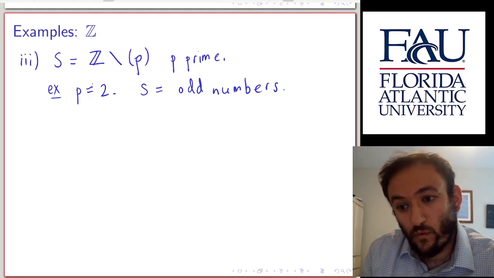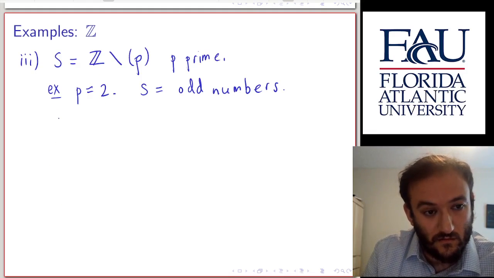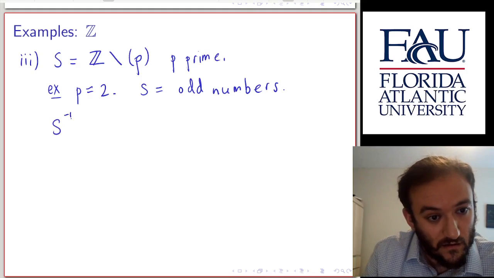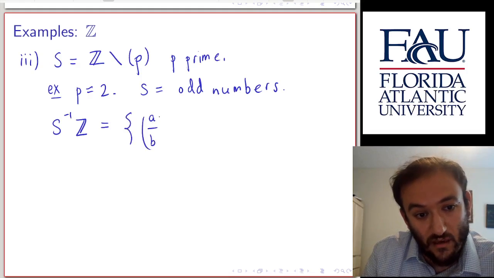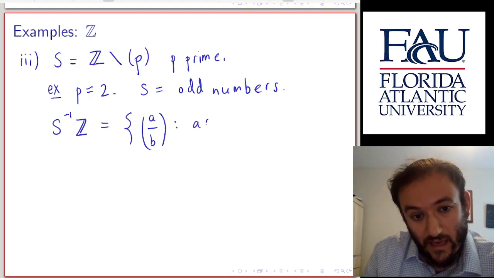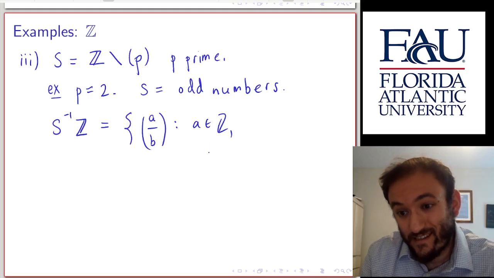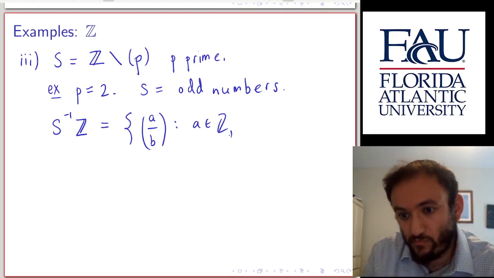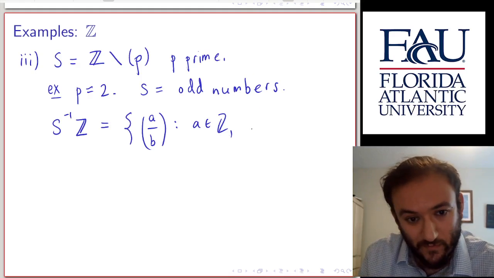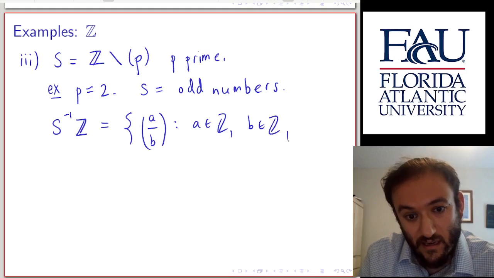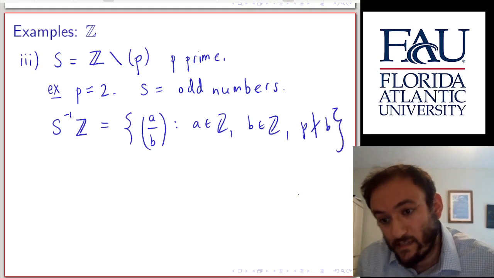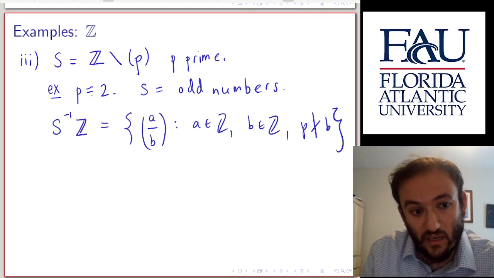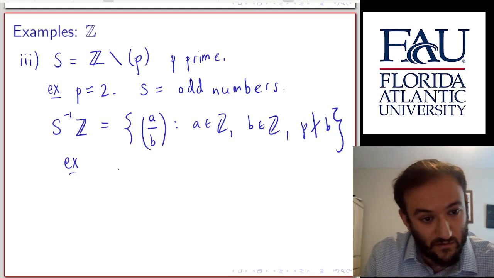And so when we want to localize at S, what we get is the set of A over B, where A is an integer and B is an integer which P doesn't divide. It's not divisible by P. So B in Z, and P does not divide B. Okay, so in this example, this would just be the fractions with odd denominators.